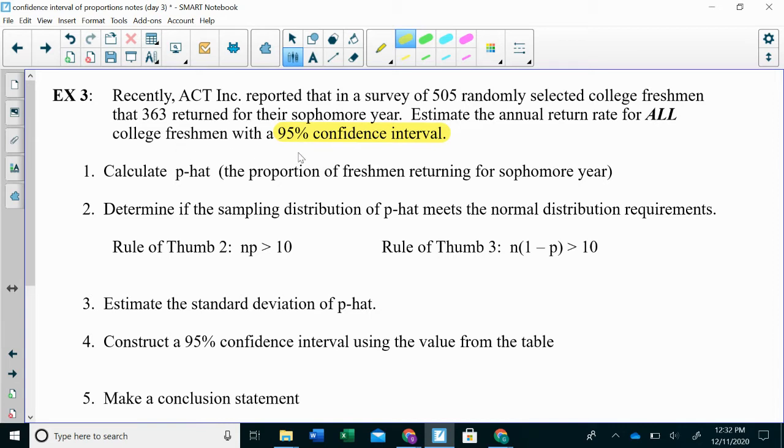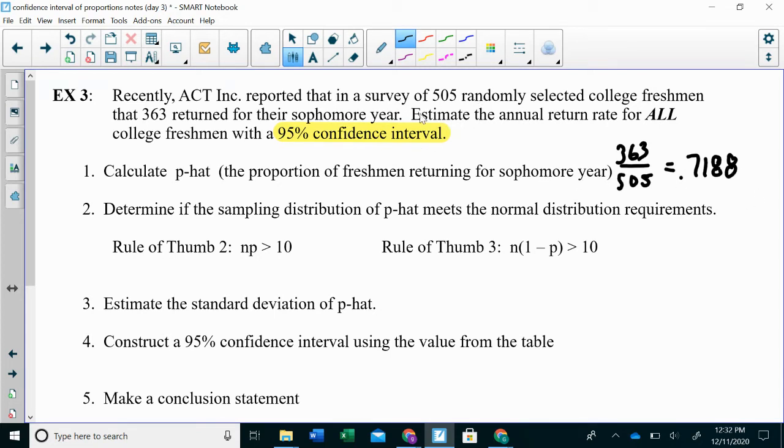So calculate p hat. Using this survey, our p hat, 363 over 505. And if we divide that out, we should get a p hat of about 0.7188. So again, that p hat is the sample proportion.